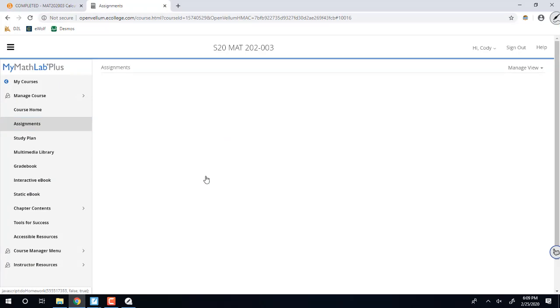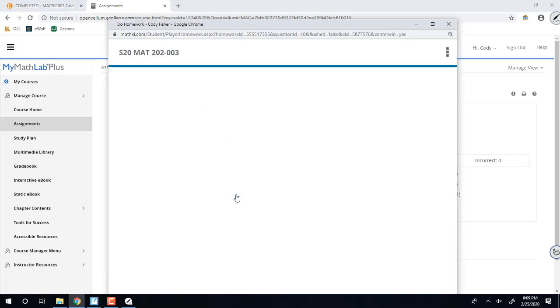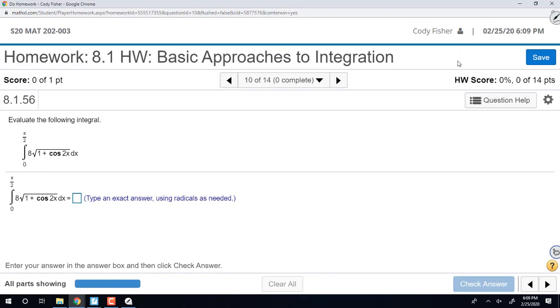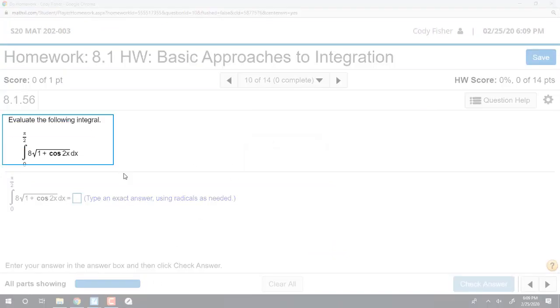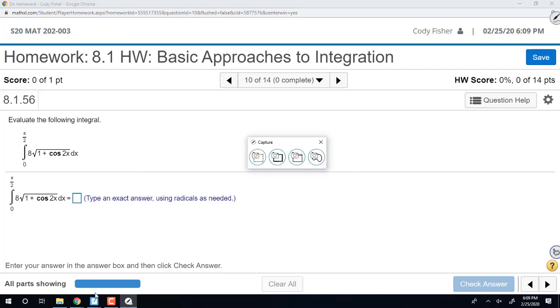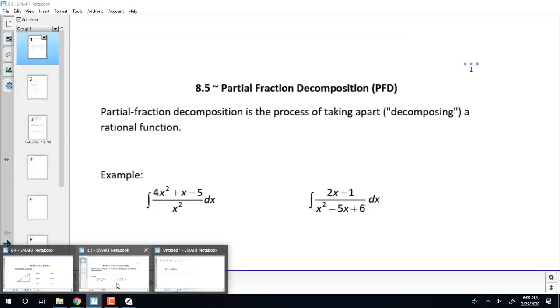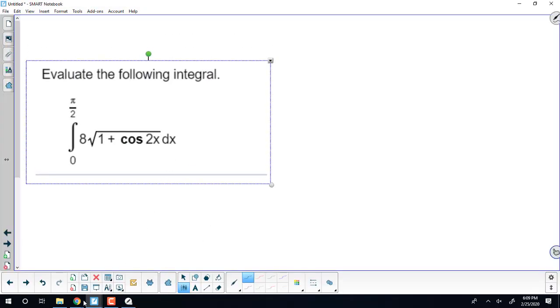You should be really clever to figure out how to do something. It's not always obvious. Yeah, that's the one. Evaluate the following. Okay, 8.1 number 10.